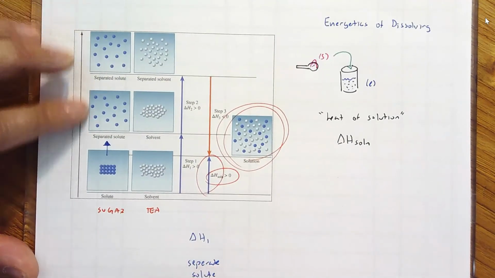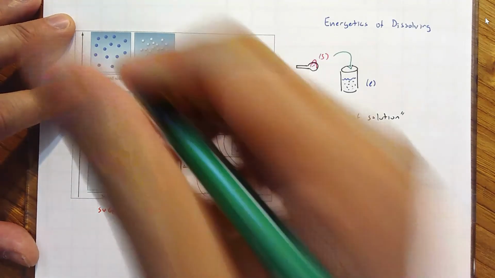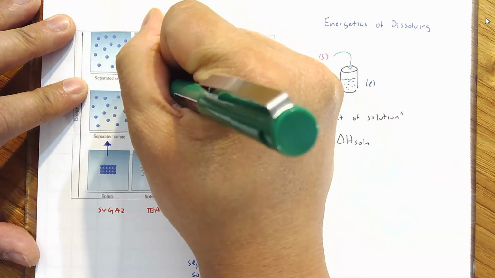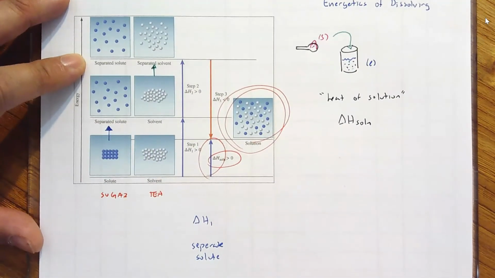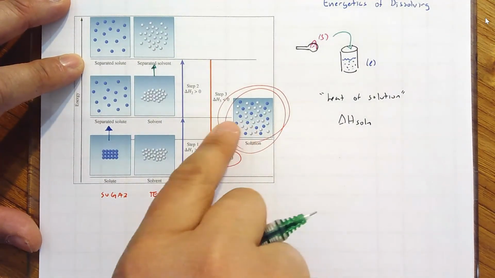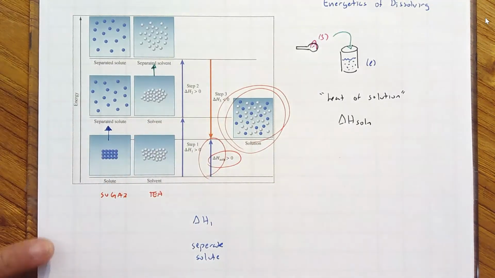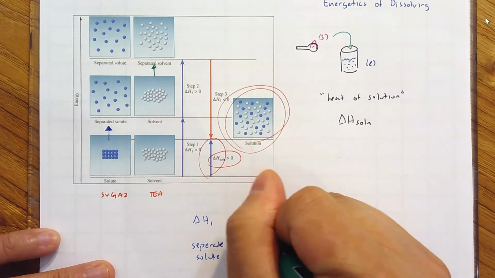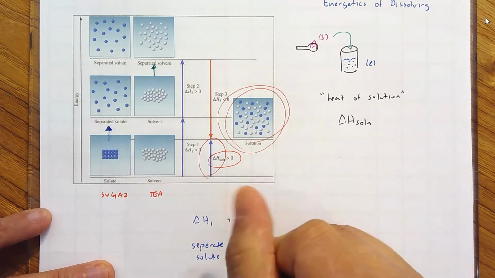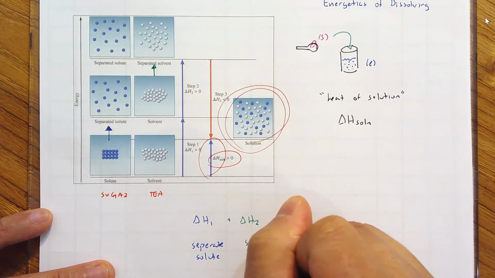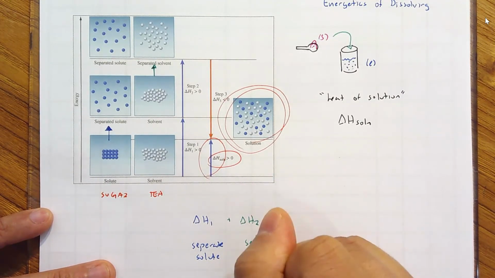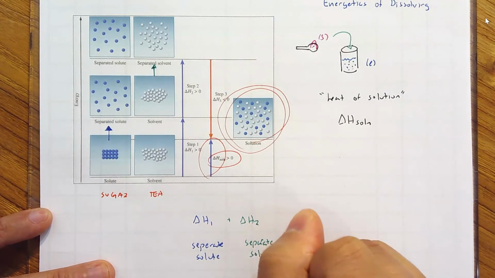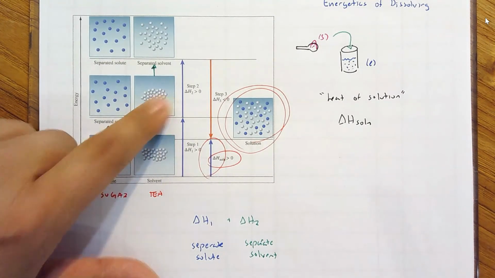Anyway, we have that. The next step is this one right here. We separate the solvent. Why? To make space, right? To make space for the solute. So that is delta H2. Let's separate solvent. Okay, they're both up arrows.